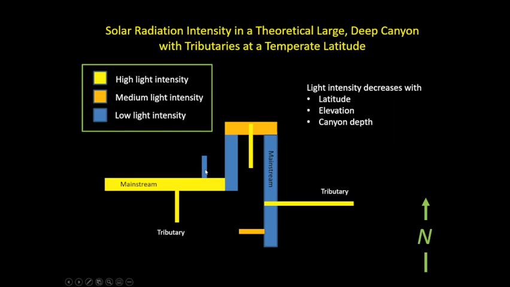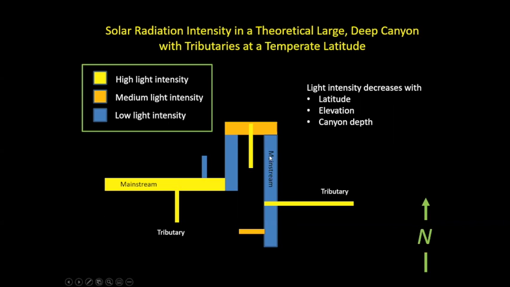However, if they're coming in from, say, the west, they'll bring in less light into this canyon environment. What that means is that the area around these tributary mouths will very much reflect the solar energy budget around them. Productivity, both in the river and on the riparian zone, will be influenced by the direction that tributary flows into the canyon.